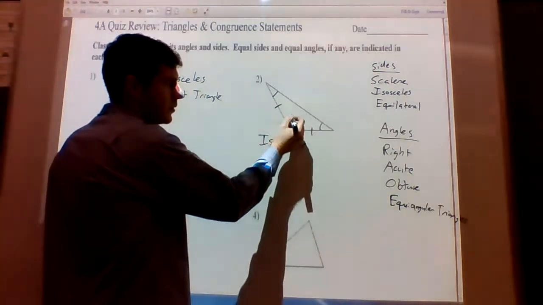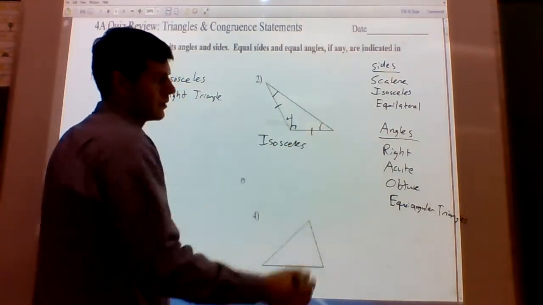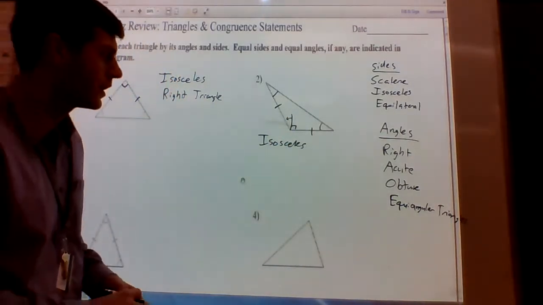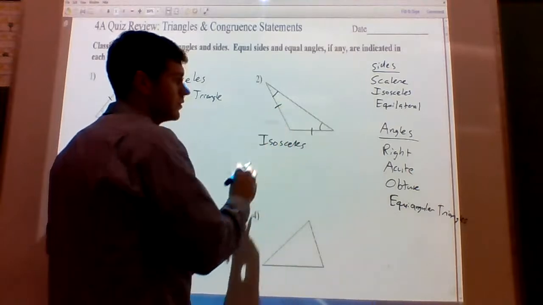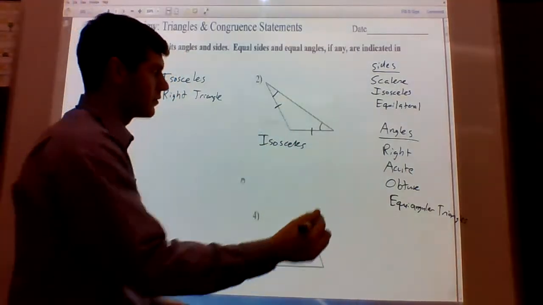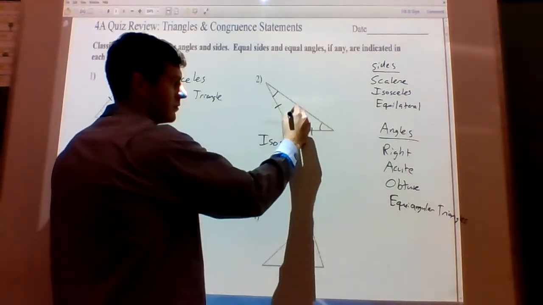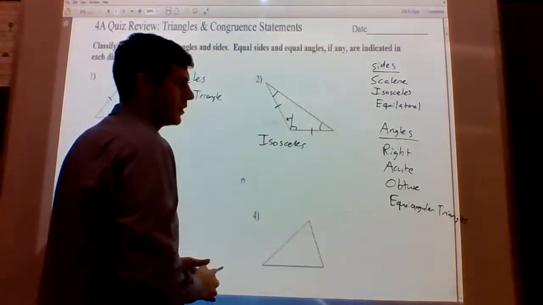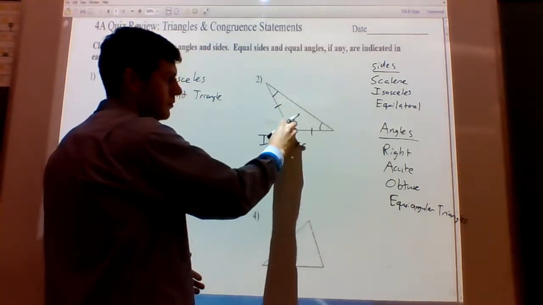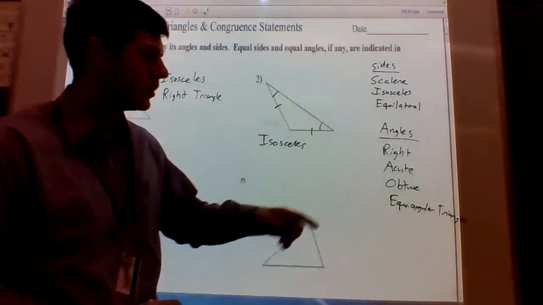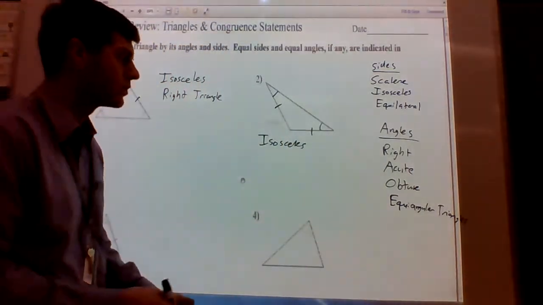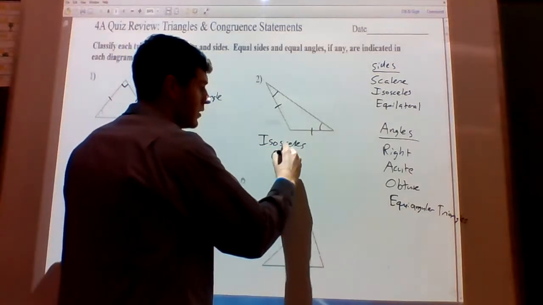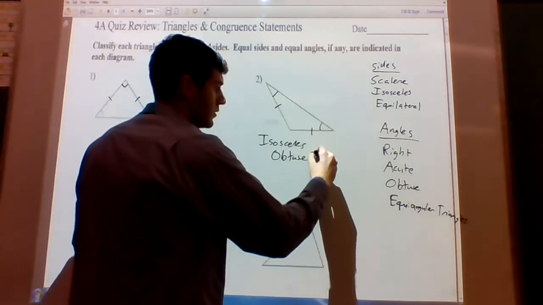But as you can see, the angle we have is bigger than 90 degrees. Since it's larger than 90, it's going to be obtuse. We only need 1 obtuse angle to make it an obtuse triangle. So this is an isosceles obtuse triangle.